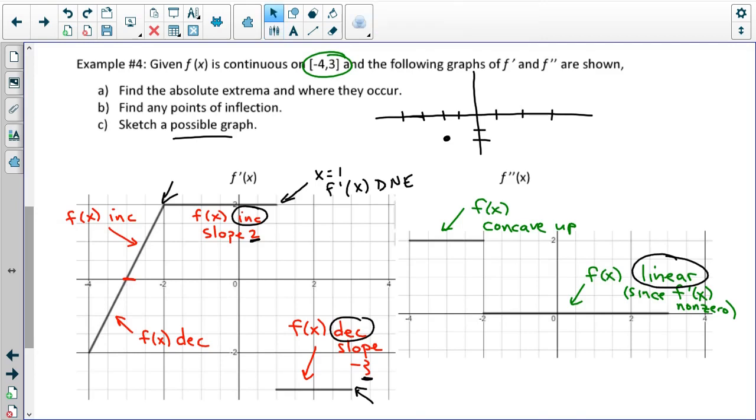So what I will do is I know that the slope of my graph is constantly 2 from -2 until 1. So I'm going to go up 2 over 1, up 2 over 1, up 2 over 1, up 2 over 1. And so I end up with this line being on my graph.